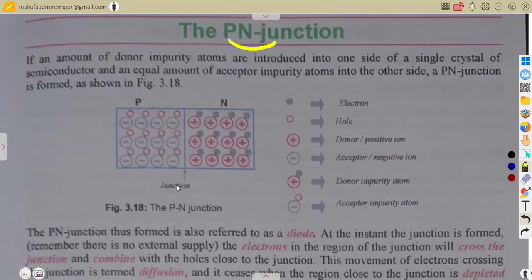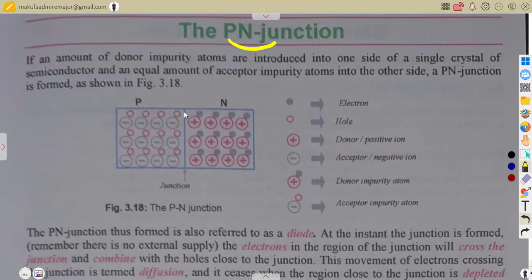It's a junction that you're talking about, from the positive to the negative. So considering the PN junction, if an amount of donor impurity atoms are introduced into one side of a single crystal of semiconductor, and an equal amount of acceptor impurity atoms into the other side, a PN junction is formed.